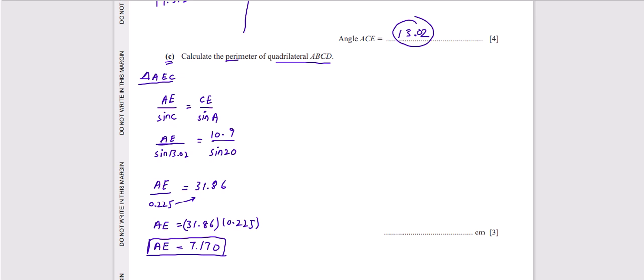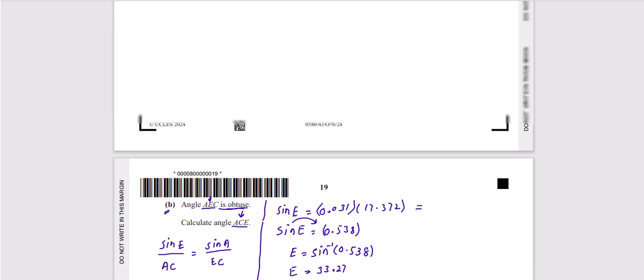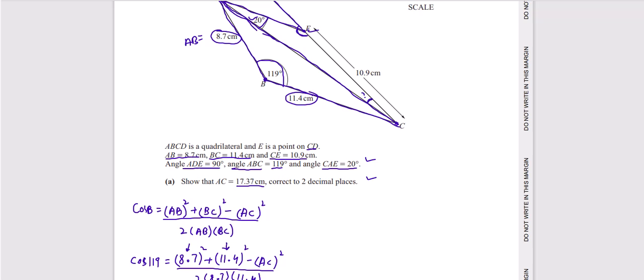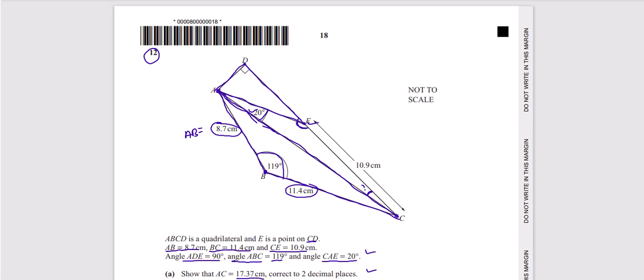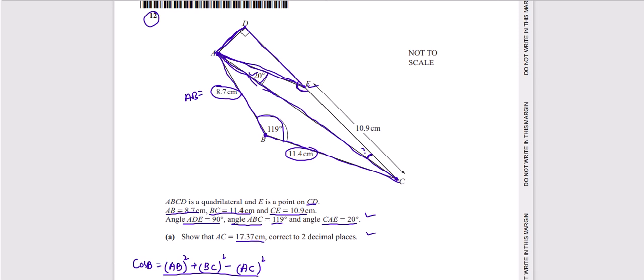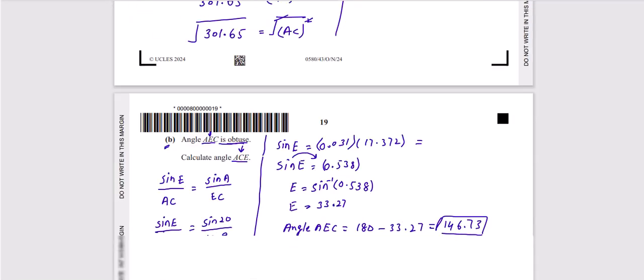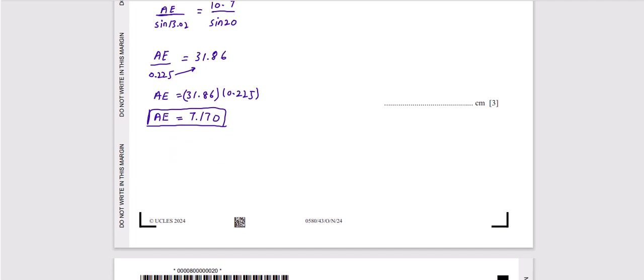So now we have to calculate this line, and now we are going to calculate this side. We have found this side, so we are able to find this side. To find this side we use the ratio sin theta is equal to perpendicular over hypotenuse.